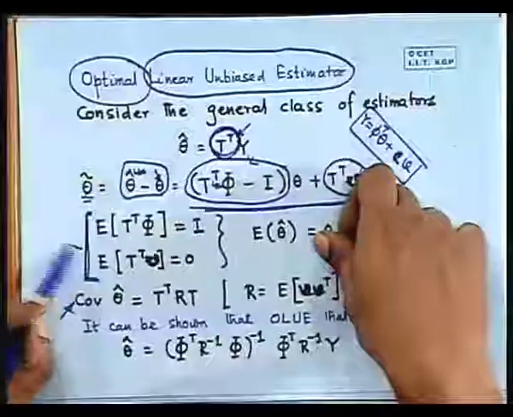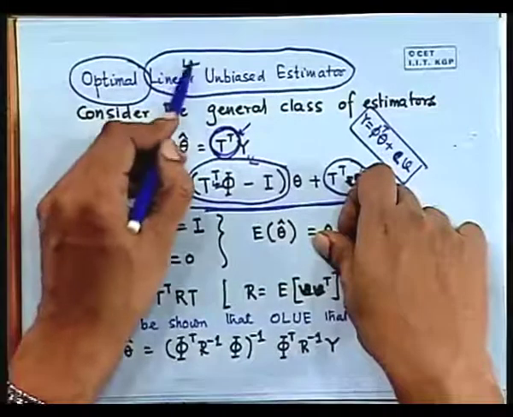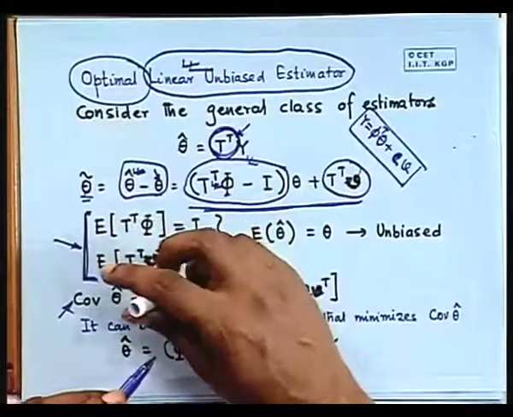And lastly, we found that it is not always necessary to go for a least square estimate. Sometimes it may be good that, rather than putting directly the data, you can put slightly modified data or some other matrix. Only thing is that whatever you use, you must ensure these two properties. If you can ensure these properties, you will get what is known as a linear unbiased estimator.